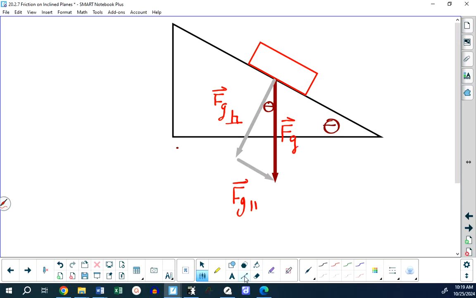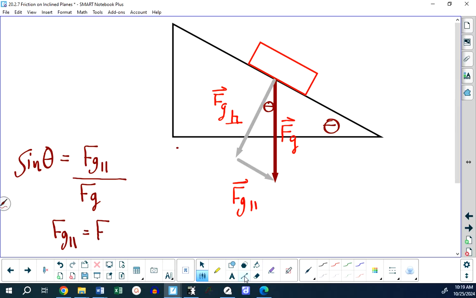So if I asked you to find the parallel component of gravity, you'd use trigonometry. You would say sine of theta equals the opposite side over the hypotenuse. Which means the parallel component of gravity will be the magnitude of the true force of gravity times the sine of the angle.